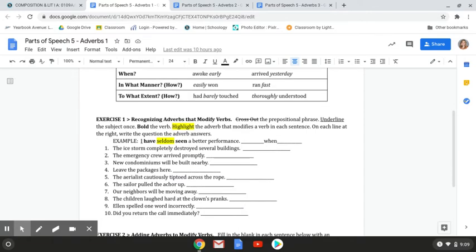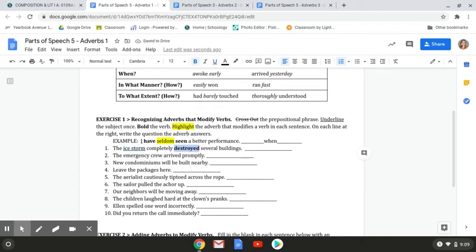All right, so in exercise 1, we're going to cross out the prepositional phrase, underline the subject once, bold the verb, highlight the adverb that modifies the verb in the sentence. Then on the line at the right, we're going to write the question that the adverb answers. Okay, so for my prepositional phrase, there's not one in sentence number 1. So subject is ice storm. Verb, destroyed.